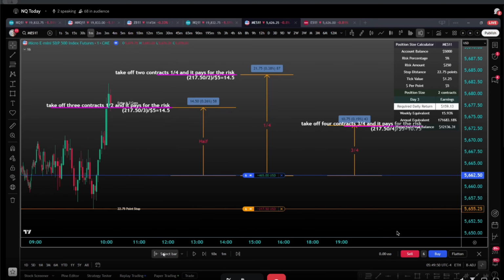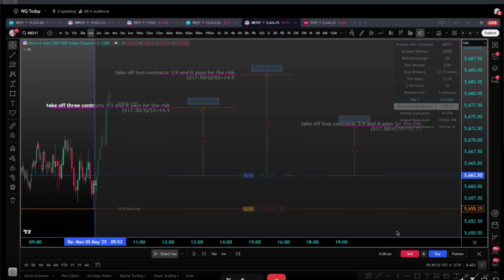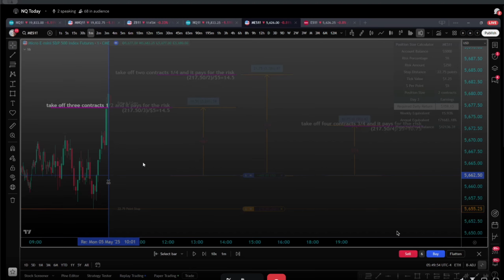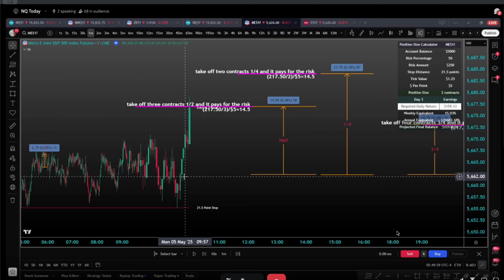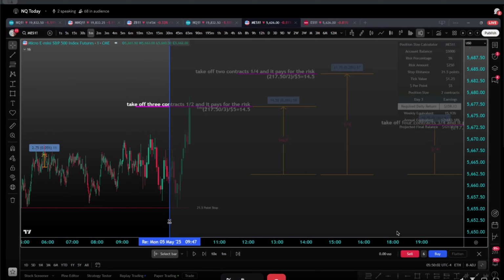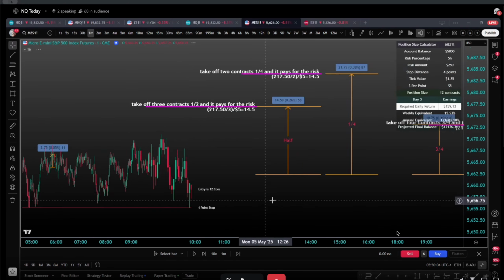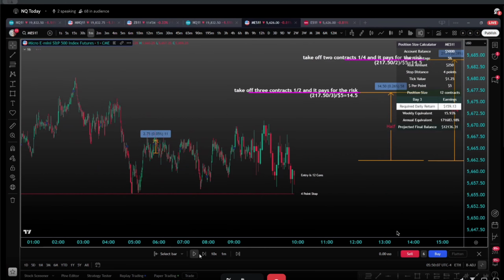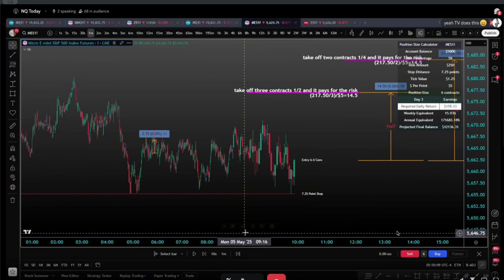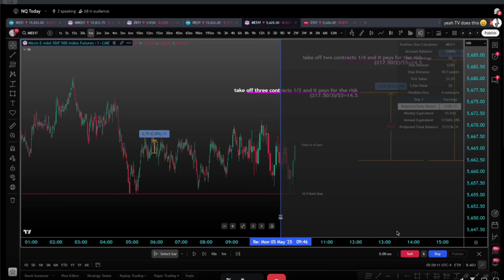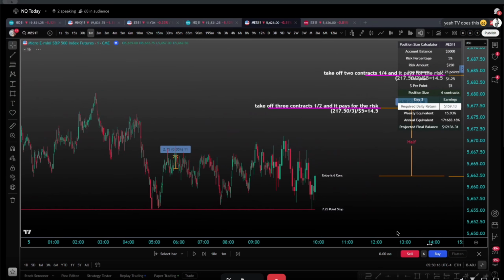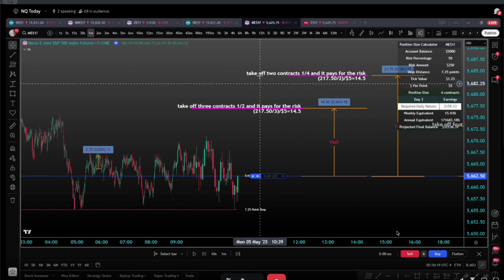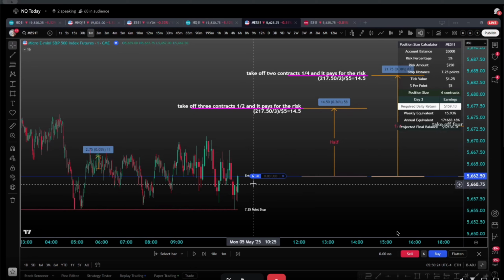Let me back up real quick. All right, so now, there we go. Come back. All right, and we're doing the half, right? So once we hit this partial area, we're going to take off 3 of these.